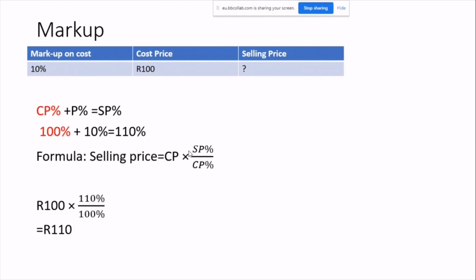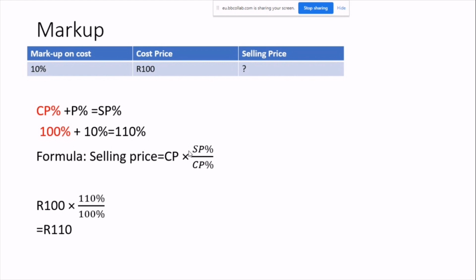Remember, the required is to calculate our selling price, and here is the formula. Cost price multiplied by SP percentage over our CP percentage. Now the calculation means 100 Rand is our cost price, which is given.